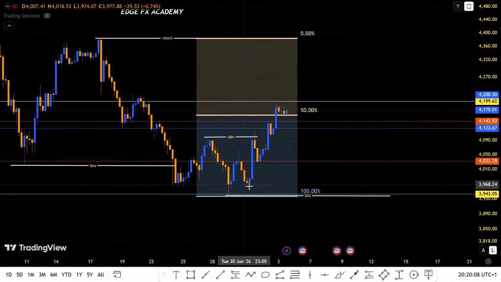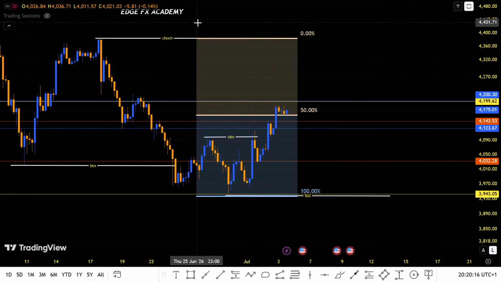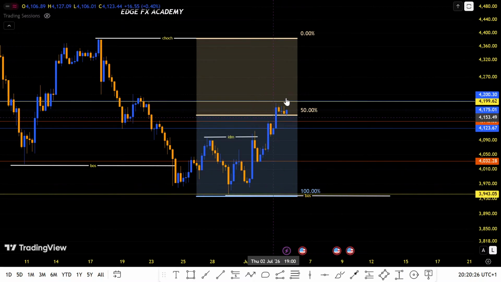Now that we already know that, and market has mitigated inducement, we now have our new trading range. And that new trading range will range from the last change of character towards the new break of structure which we anticipate that the market will come and break.